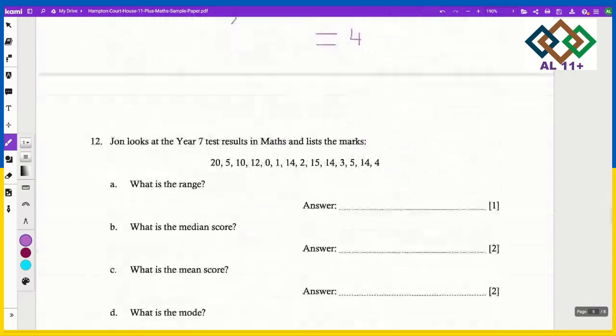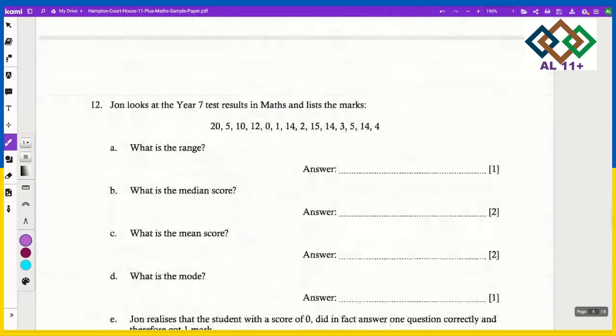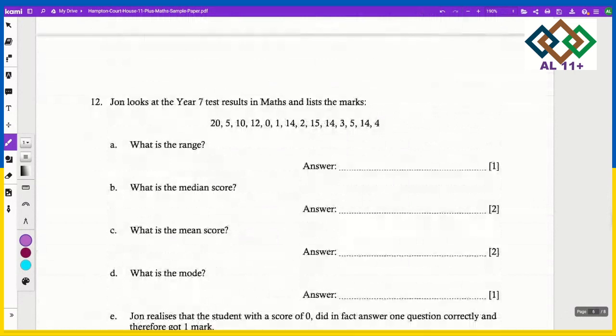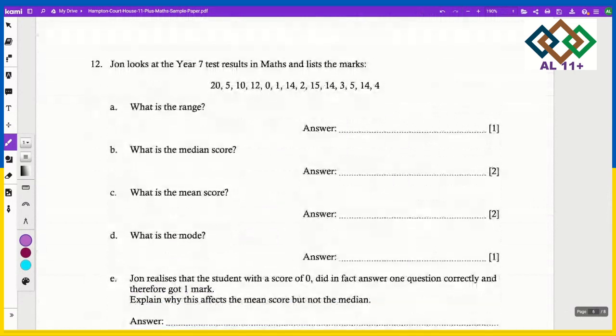Now they are saying that John looks at the year 7 test results in maths and lists the marks. What is the range? First of all, try putting them in order in a proper way, because you will be needing that to do the median and mean and other questions.